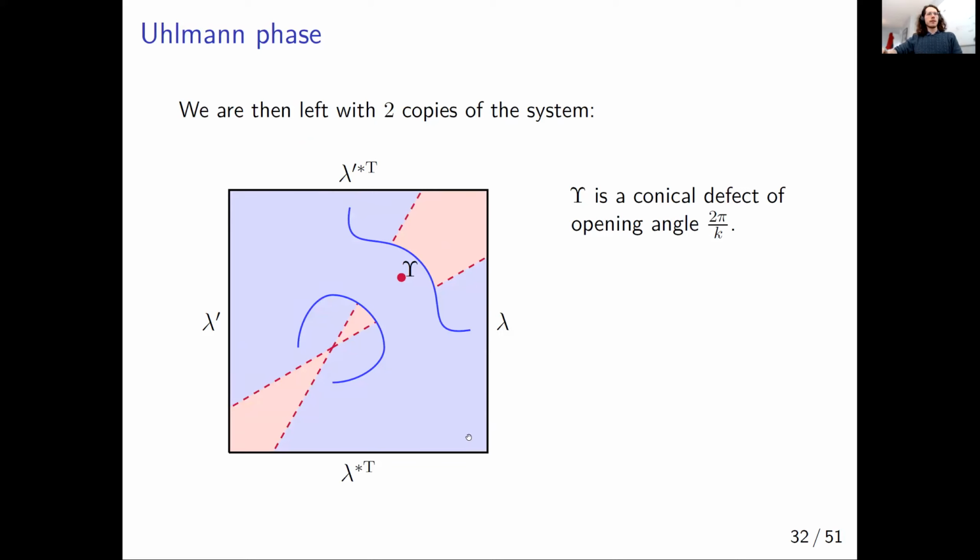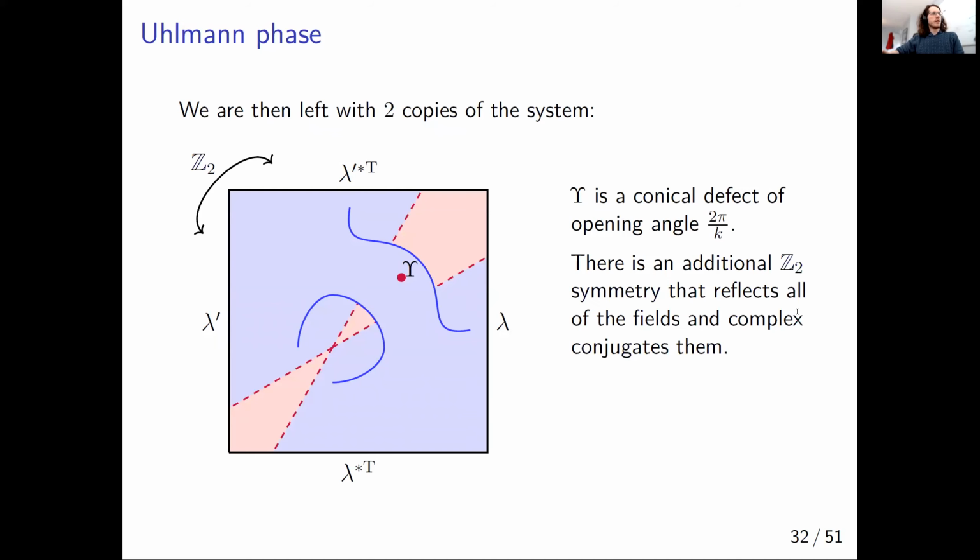And as before, we're allowed to have these replica wormholes that connect the 2 gravitational regions. And there'll be this codimension 2 surface, upsilon, which is a conical defect. Actually, on these 2 remaining copies, there's an additional Z2 symmetry.